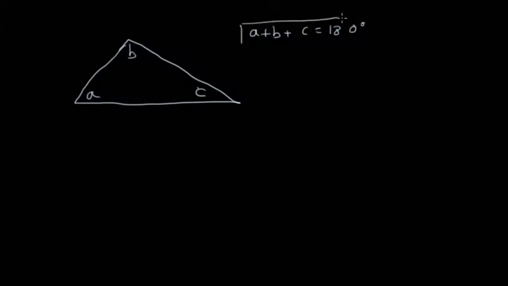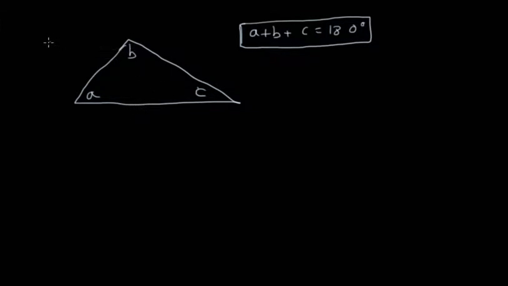Really important, need to know it, really basic, whatever grade you're hoping to get in your IGCSE maths, you need to know this. Now, how would you prove that? How do we know that A add B add C equals 180 degrees? You could try and add all the different possible combinations of angles together, but that's going to take you a long time. Or we can think about it mathematically.